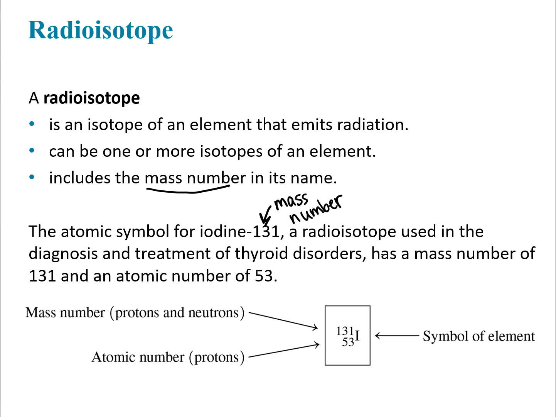On the periodic table. That wasn't a trick question. You can always find the atomic number on the periodic table. It's that top number, always a whole number. So you're going to need to remember that as we're going through and doing some practice problems, that you're going to have to use your periodic table to find the atomic number quite often.